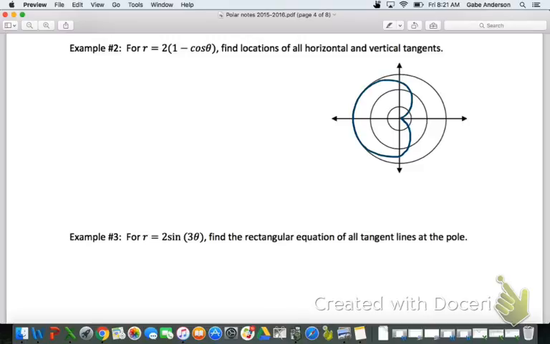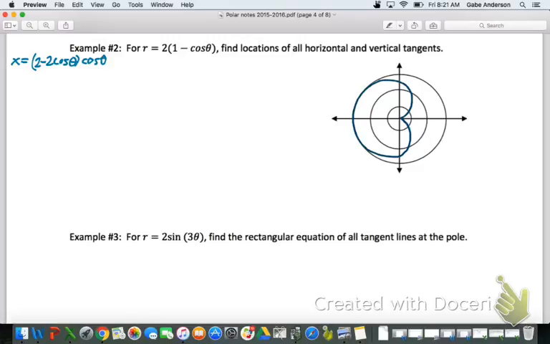I can say x equals r cosine theta. So I'm going to go ahead and plug in what r is. x equals 2 minus 2 cosine of theta, that's r, times cosine of theta.